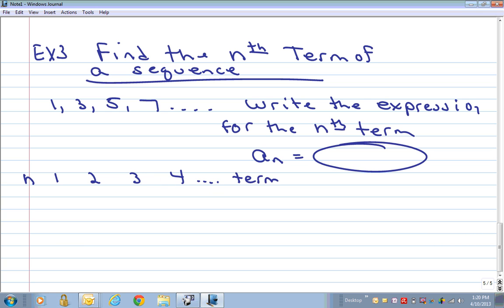Your n is your term number. Also, I want us to put our output. For a sub 1, the output will be 1. For a sub 2, the output would be 3. For a sub 3, the output is 5, and for a sub 4, the output is 7. These are the actual terms in the sequence.